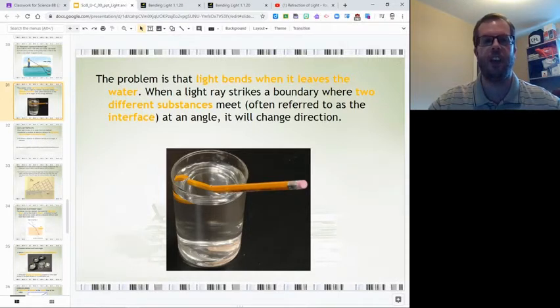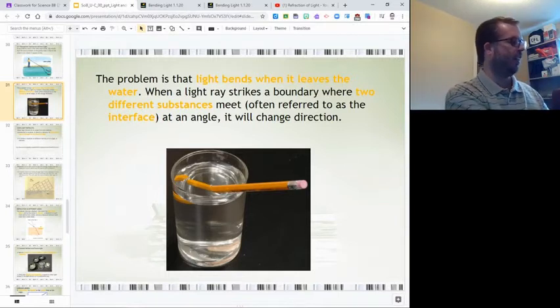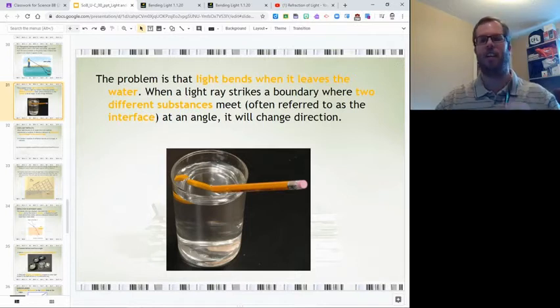It only refracts if it moves from one substance to another. So, for example, if you've got a pencil or a pen out in front of you and you're looking at it in the air, I'm seeing it as it is because there's no refraction of any light. It's traveling just through one medium, just the air.